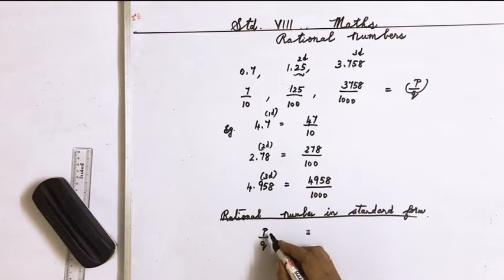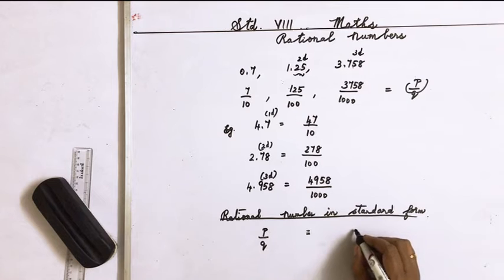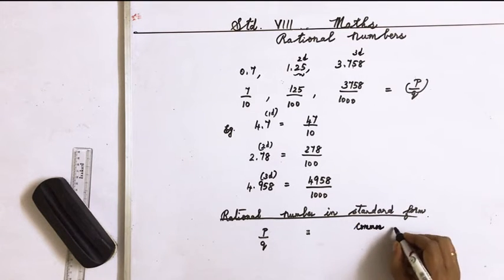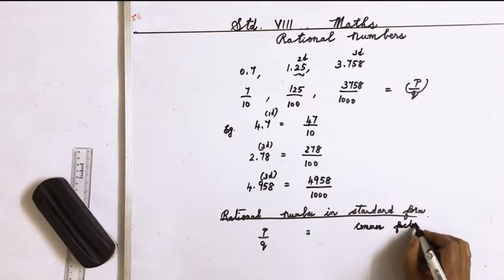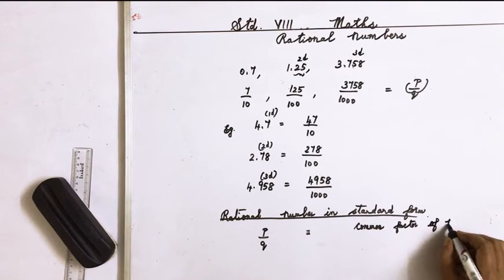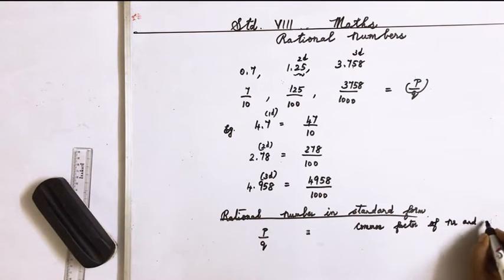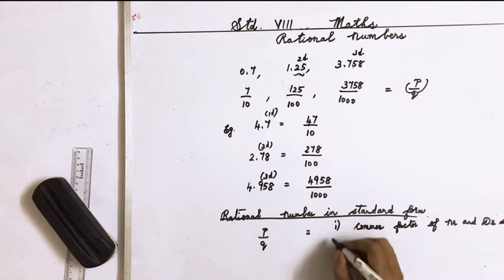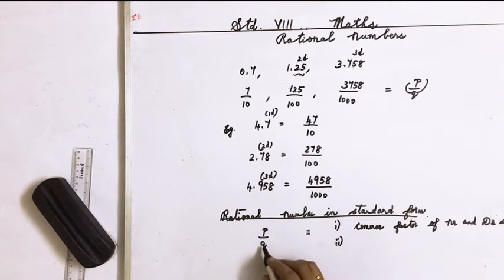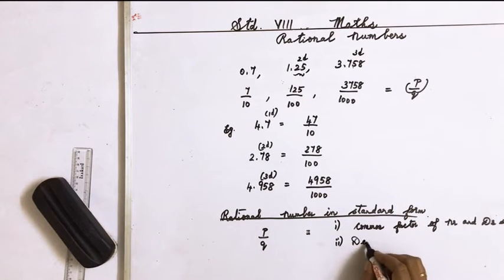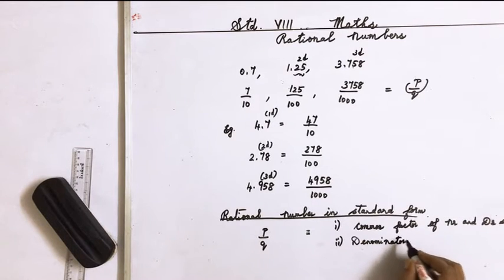The common factor of P and Q, that is for numerator and denominator, should be 1. So the common factor of numerator and denominator should be 1. This is the first condition. And the second condition is the denominator should not be negative, or the denominator should be positive.